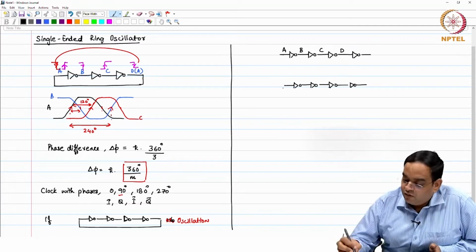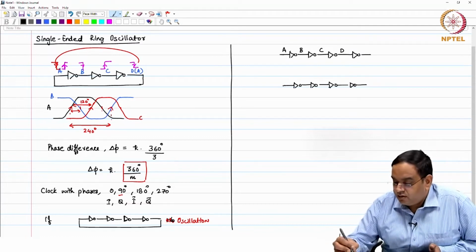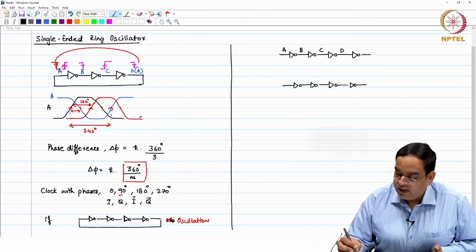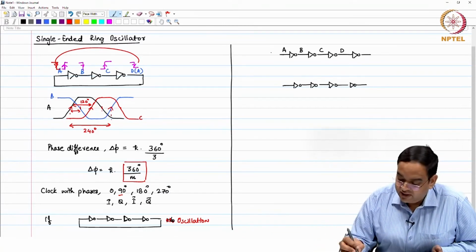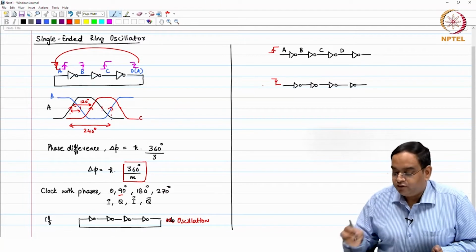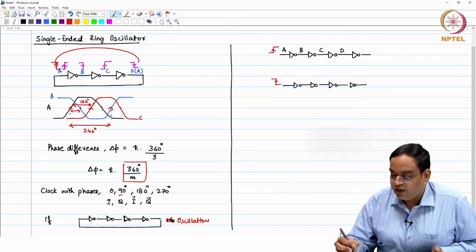So, what we do here is we keep two inverter chains as shown here, and in one case I feed a rising edge and in the other case I feed a falling edge somehow. In response to these rising and falling edges, what we are going to get at the output is a rising, this will be a falling edge transition.